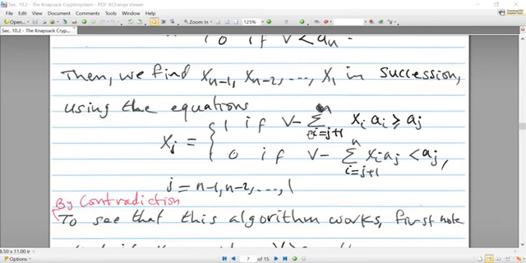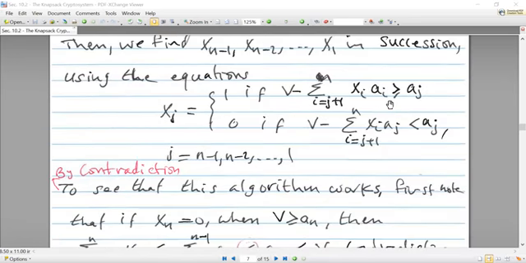Now remember, these are the terms which we already determined, the x's from j+1 up to n, as we're going backward. And we take 0 if this difference between V and the sum from j+1 to n is less than a sub j. The proof of why this works is by contradiction.